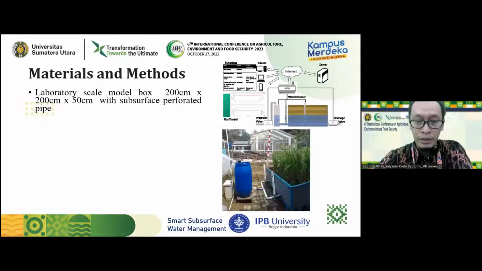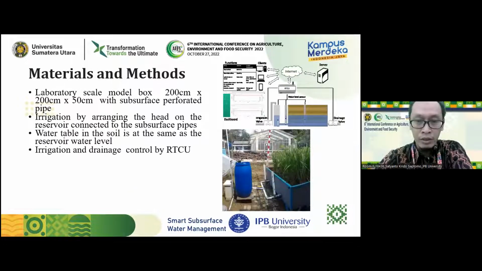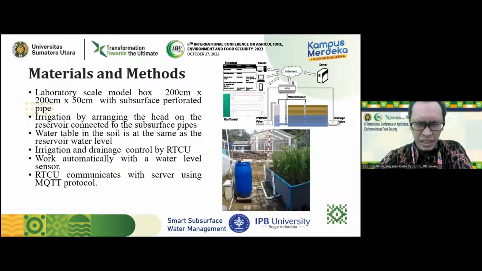So actually, the system had been studied or developed for the last 3 years, and this time I'd like to present only the lab model, but we ran it for about 1 year or more. But what I'd like to present here is only about 6 months.